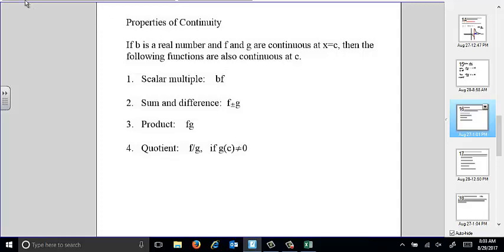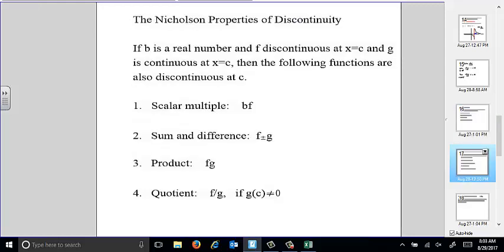but otherwise all these other arrangements remain continuous. This is my stuff I made up, the Nicholson properties of discontinuity. This is if you have one function that's continuous and another one that's discontinuous. So if you multiply a discontinuous function by a constant, it's still discontinuous. It just lifts everything up, just like before.